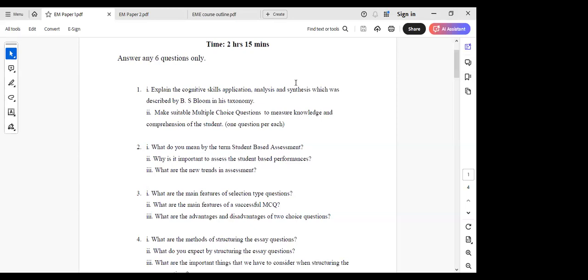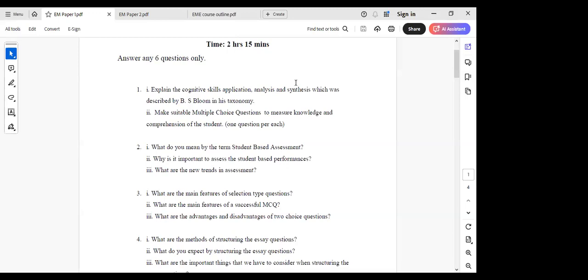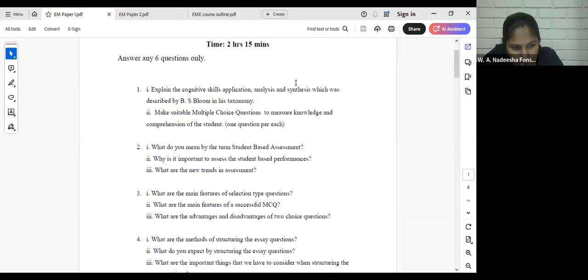Creativity, critical thinking. Yes, those are the abilities. How can we measure them? Rubrics. Yes, very good. The new trend is rubrics.